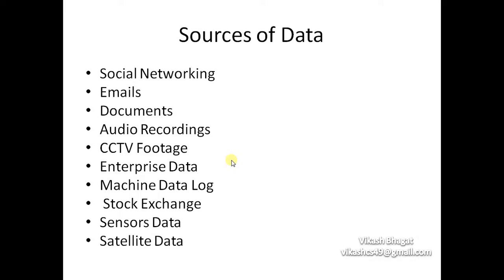So basically what all these sources of data are doing is generating a large amount of data, and the size of the data is so large that it is becoming difficult for the traditional databases to store it, and it is becoming difficult for the traditional technologies to process it. So this is what we call big data.